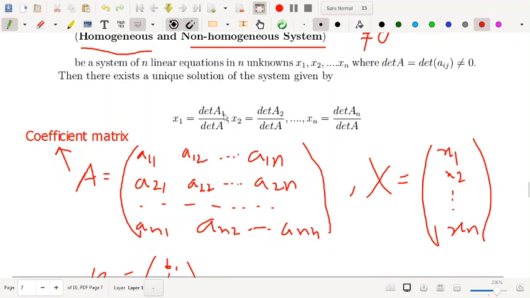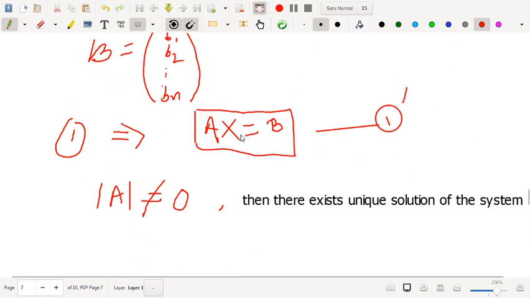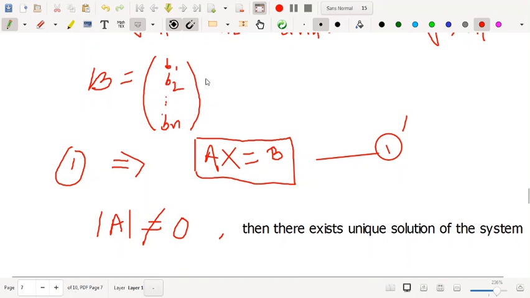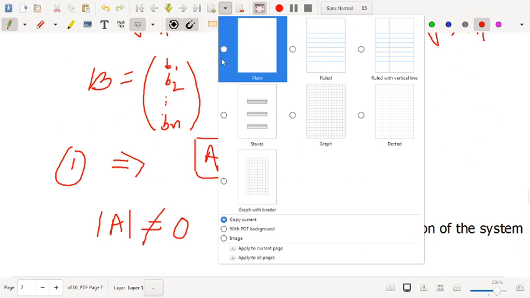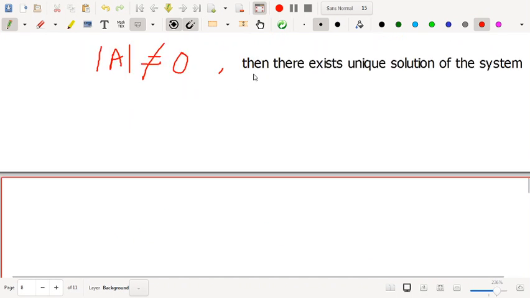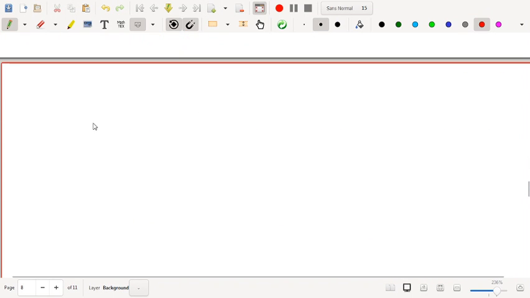x1 equals determinant of A1 divided by determinant of A. What is A1? A1 is also a matrix.